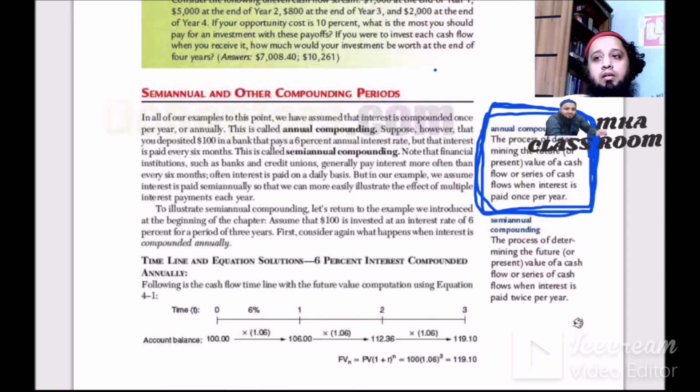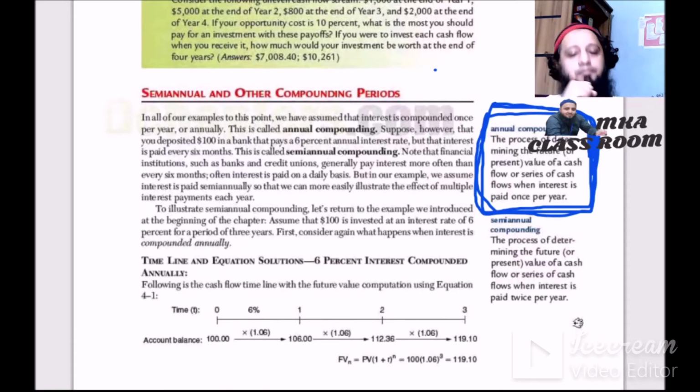But there is another thing which we will try to discuss, that is more than one compounding period in a year. That is, here it is once per year, it could be twice per year, thrice per year, four times per year, or 5 times per year, or 6 times per year. So, that is more frequent compounding in a year.